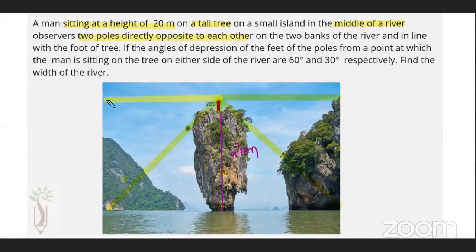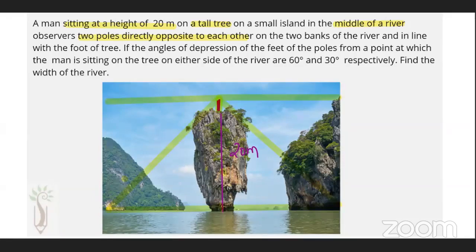Yes, ma'am. Can you relate with the question now? Yes, the only thing is instead of stone, there is a tree in our question. Instead of ocean, it's a river. There are two poles at either side. Here it's the two island mountains. Now, they both are not equidistant.